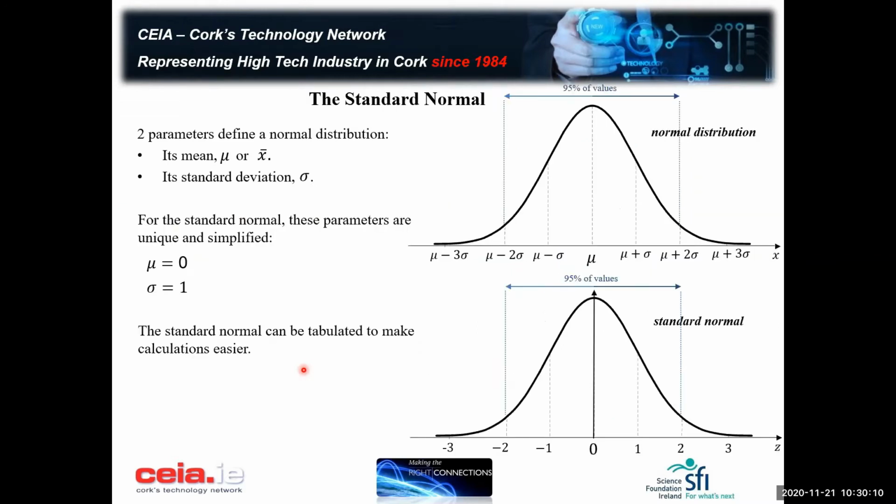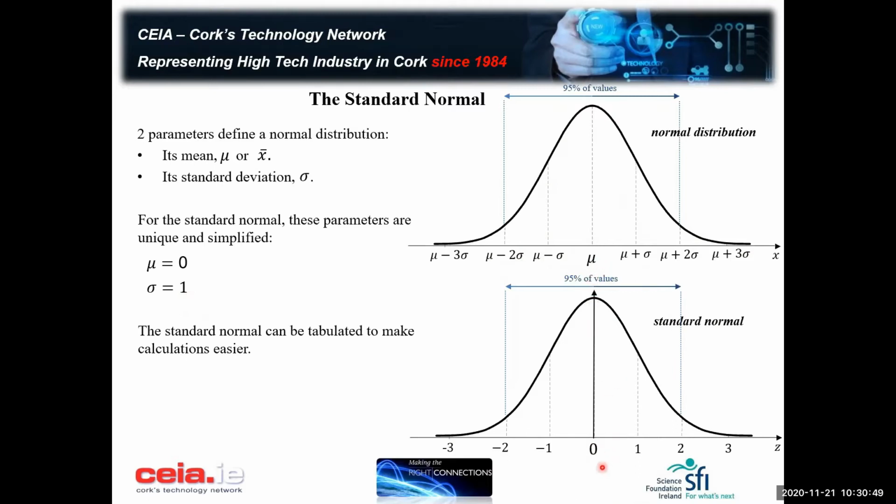Now, if we look at the standard normal again, we compare, this is any normal distribution, and this is the standard normal down here. And I've drawn them this time so that they're on top of each other, but in fact, we've shifted the axis here. So the general normal distribution is centered on mu, the average value, and the standard deviation is sigma. Whereas the standard normal, the mu is 0, and the standard deviation is 1.